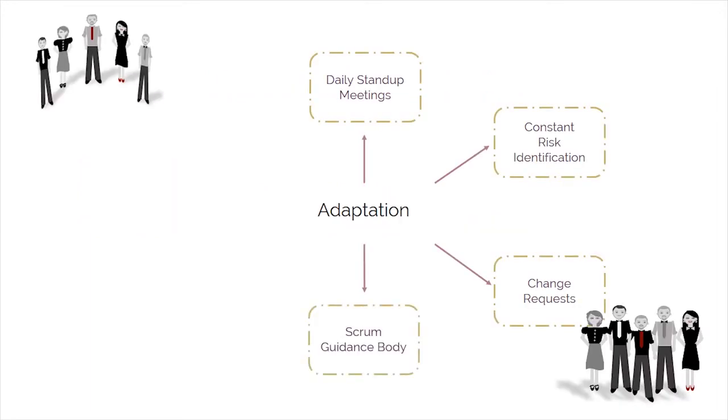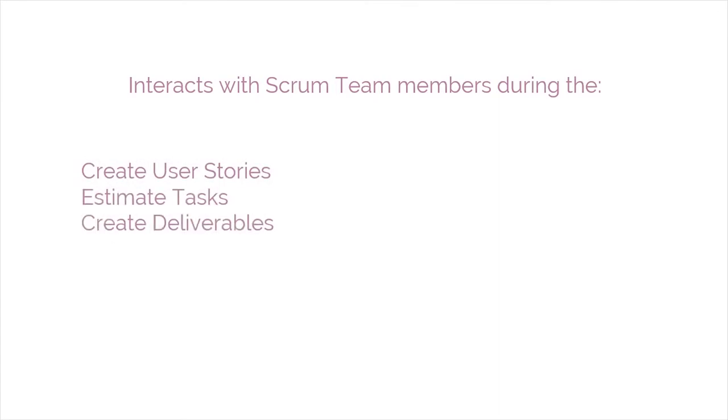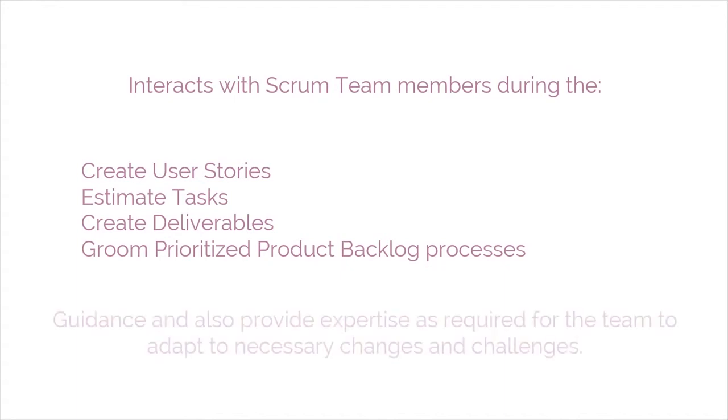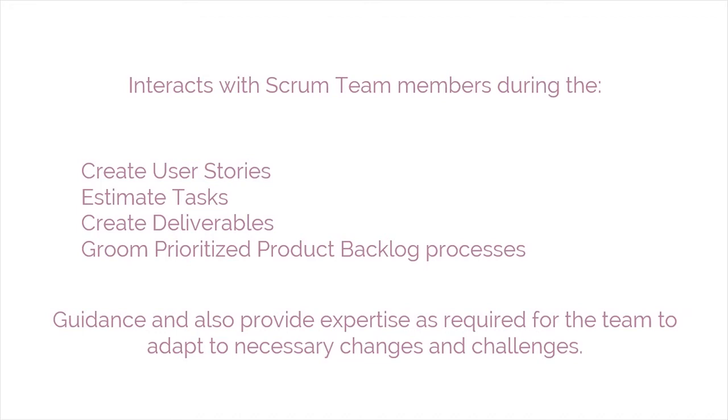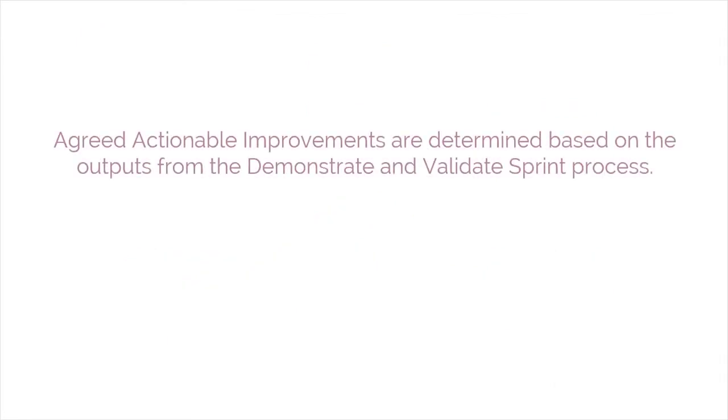The Scrum Guidance Body interacts with Scrum team members during the Create User Stories, Estimate Tasks, Create Deliverables, and Groom Prioritized Product Backlog processes to offer guidance and also provide expertise as required for the team to adapt to necessary changes and challenges. In the Retrospect Sprint process, agreed actionable improvements are determined based on the outputs from the Demonstrate and Validate Sprint process.